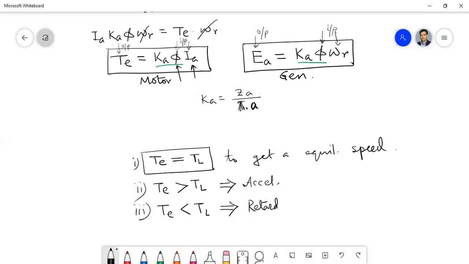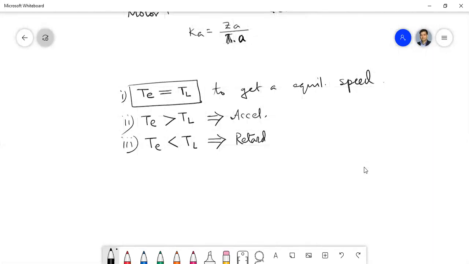Now suppose a motor is rotating at some equilibrium speed, and suddenly the load has increased. What do you mean by that? Suppose it was rotating at some equilibrium speed, and suddenly that load is increased by some delta T amount.